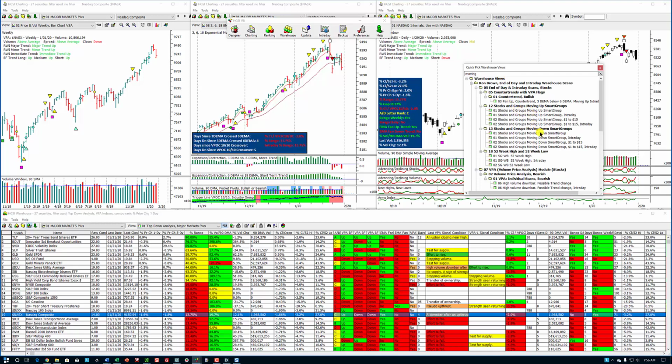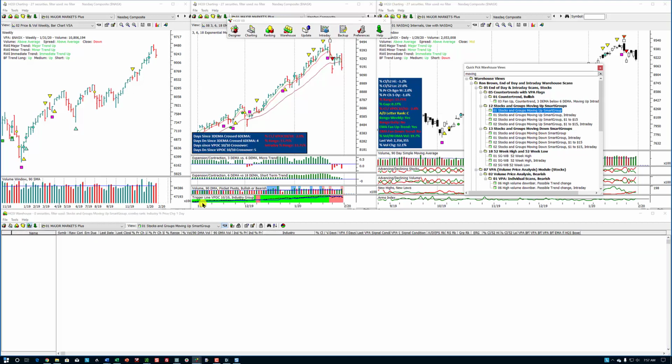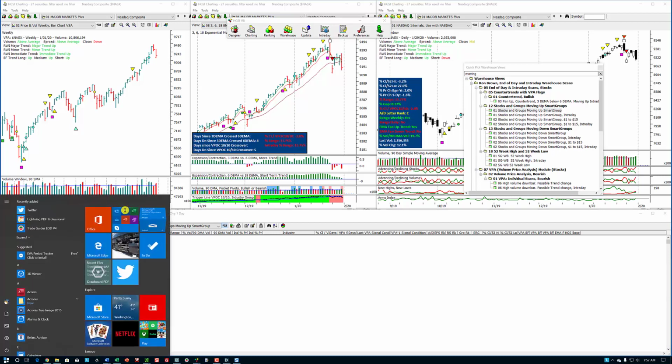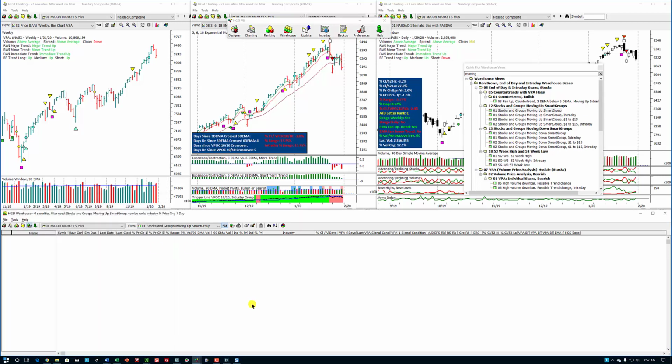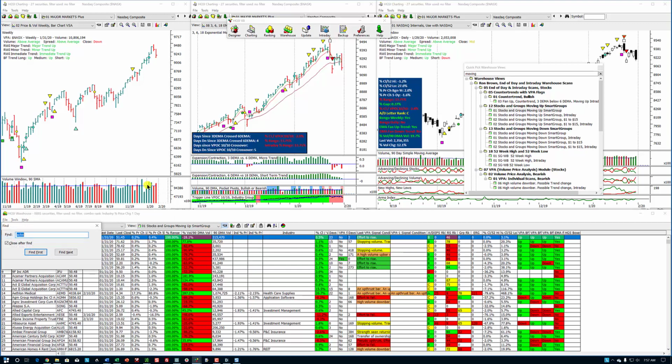Matt put this search in not too long ago, and what it does is isolate stocks and groups moving up smart group. You can see I'm in the major markets folder, a plus folder here. But if I hold my alternate key and space bar, it takes me to all securities.